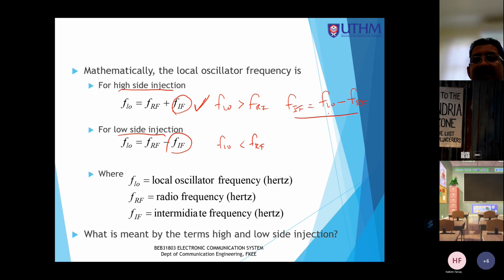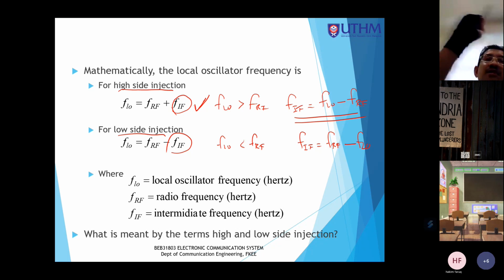Okay, ini kalau high side injection. Kalau low side injection, FIF is equal to FRF minus FLO, kerana dia punya FLO tu lebih kecil. Kita tak boleh menghasilkan negative frequency. We are not supposed to get negative frequency. So that's why kita tolak frekuensi besar kepada frekuensi yang kecil.